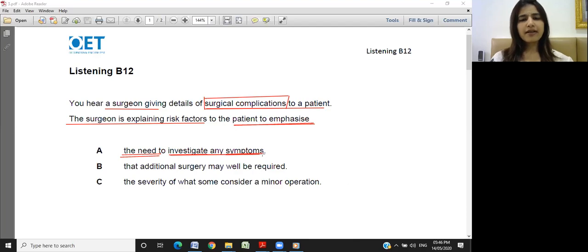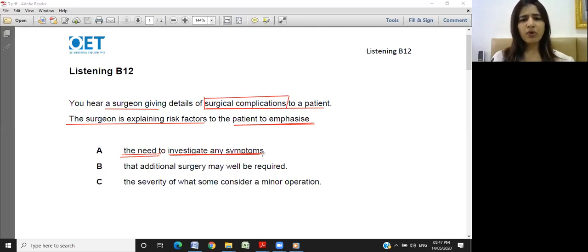Isn't it about telling the patient what kind of symptoms can they have after the operation, and those symptoms may indicate that there is a complication, and then the surgeon may go and tell the patient that you have to be careful about these symptoms. If you develop any of these symptoms, then you should come and check with us because we need to do further testing or we may need to do further assessment. So when it comes to the word investigate, do not just think about the test.